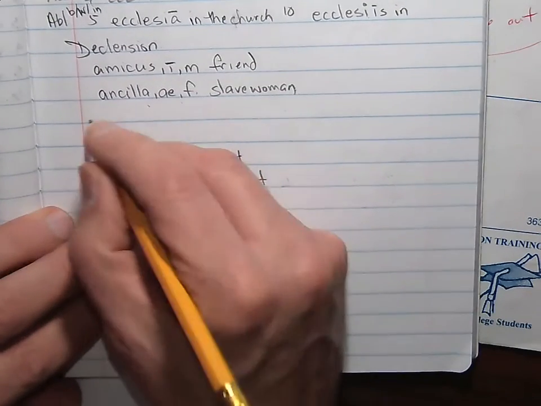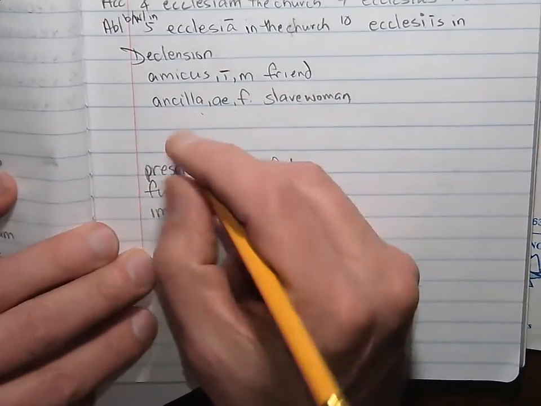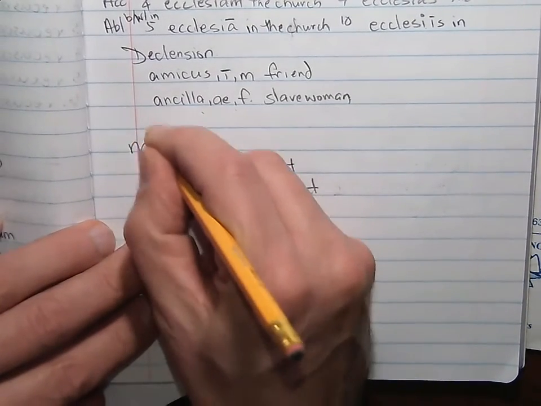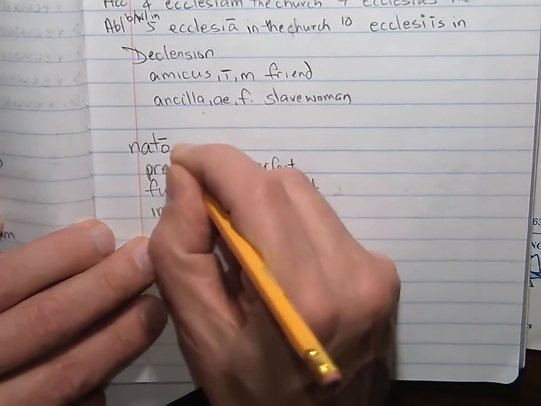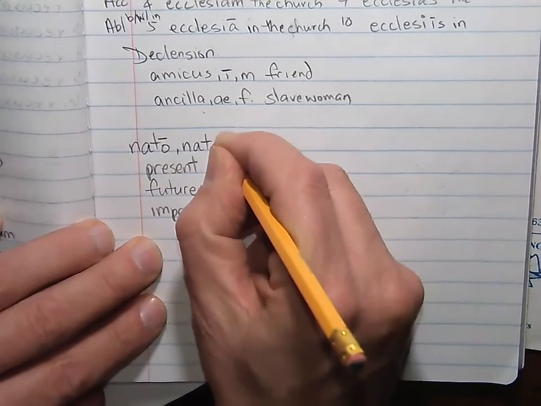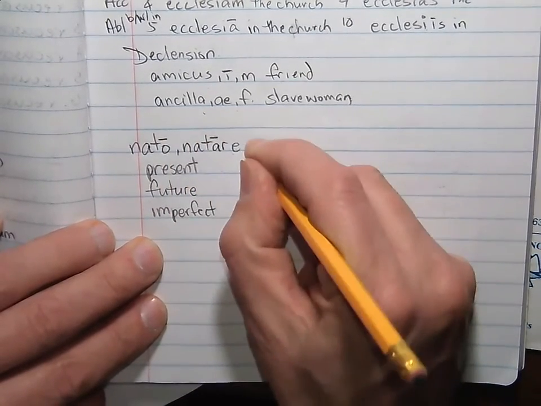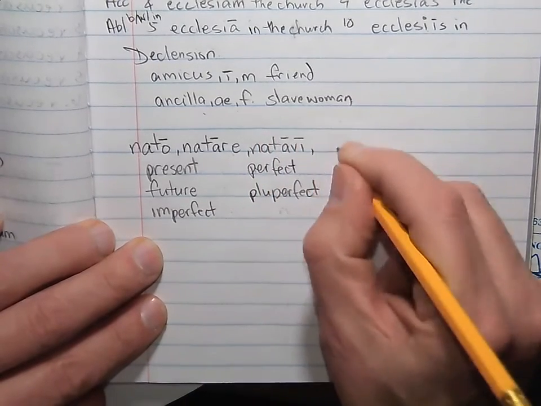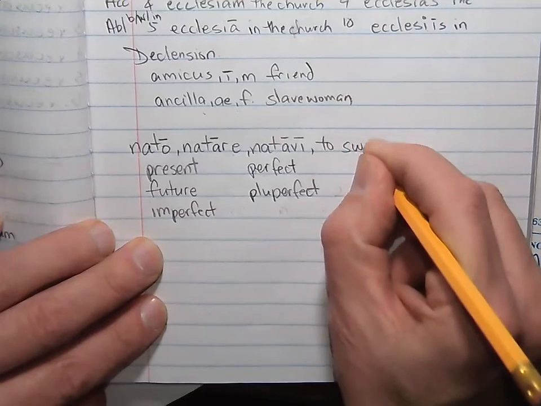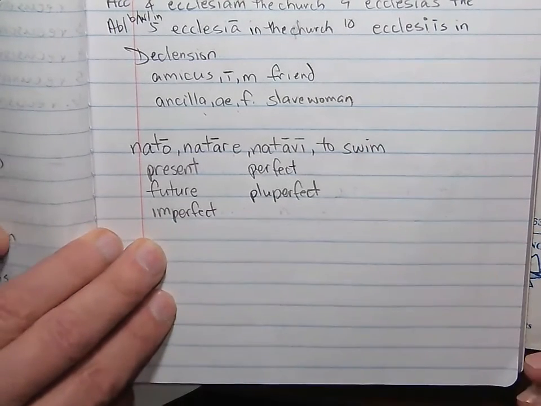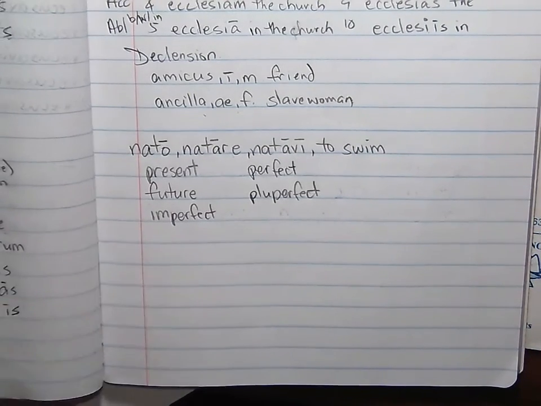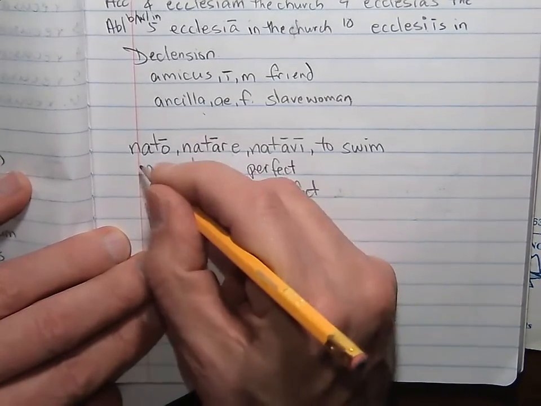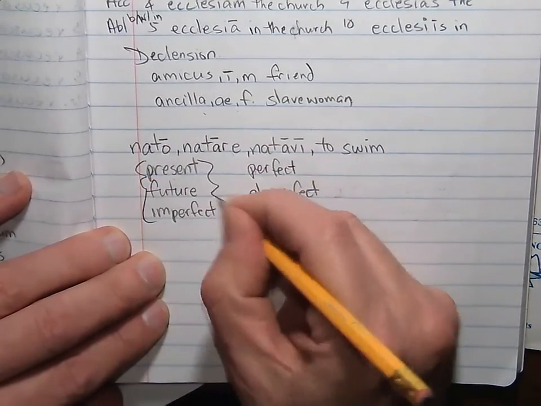All right, thank you. All right, the verb we're going to use is nato, natara, natawi, which means to swim, and that's going to cause a little bit of trouble on translating, but we'll get past this. I've got the present, future, and imperfect bracketed together.